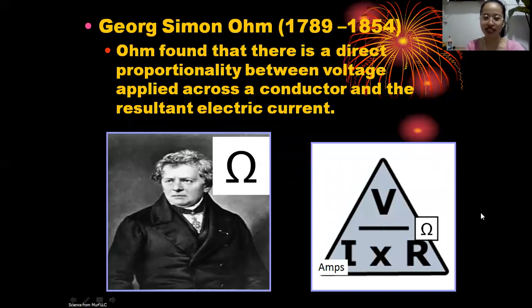So this is the person who is responsible for the resistance. He is Georg Simon Ohm. Ohm found that there is a direct proportionality between voltage applied across a conductor and the resultant electric current. So he is the one who proposed or discovered resistance, the ohms.